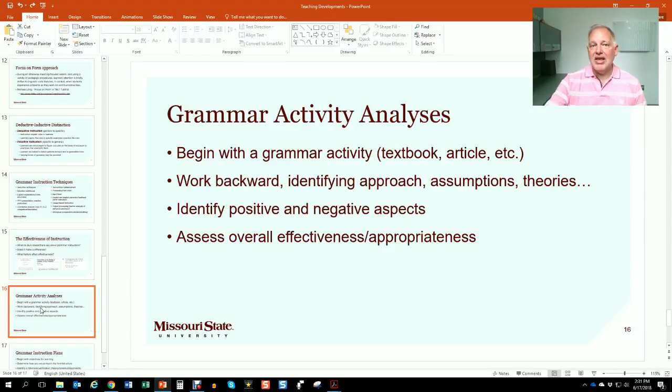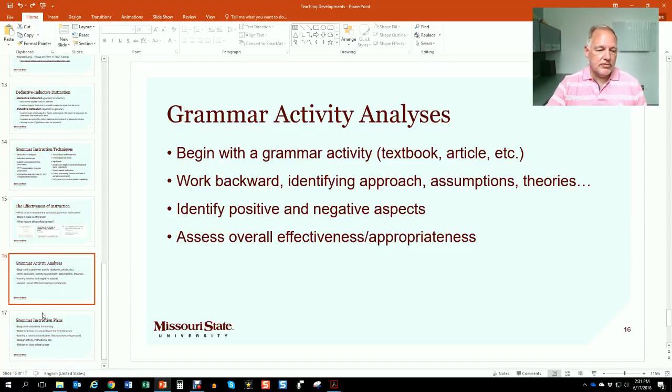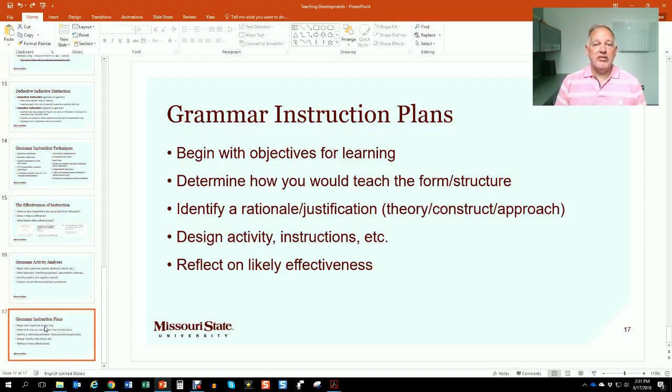So I'm going to have you do some of those analyses of grammar activities. But I also want you as instructors, teachers, to be able to develop instruction plans for grammar. In this case, you're going to work backward or forward, depending on how you conceive it. You're going to start with learning objectives. So I want my learners to be able to use the irregular preterite verb forms consistently and accurately.